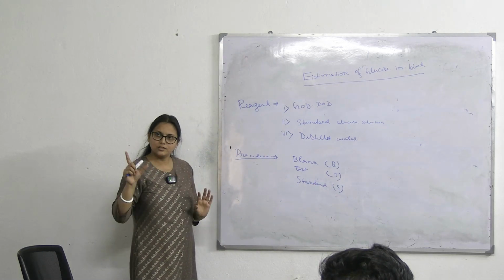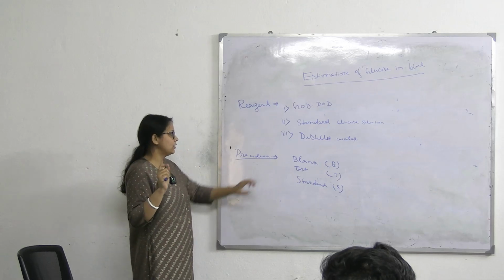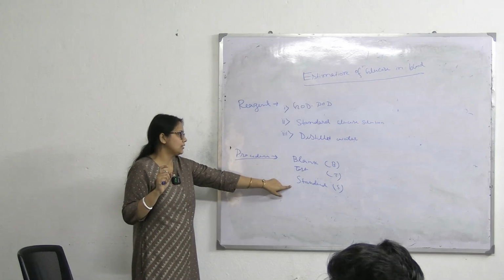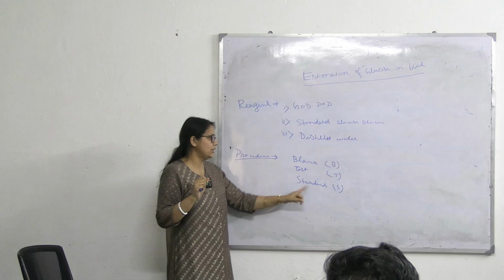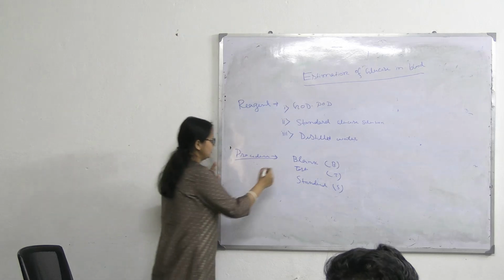You have to mark blank, test and standard. B for blank, T for test and S for standard. ঠিক আছে, 3 test tube.